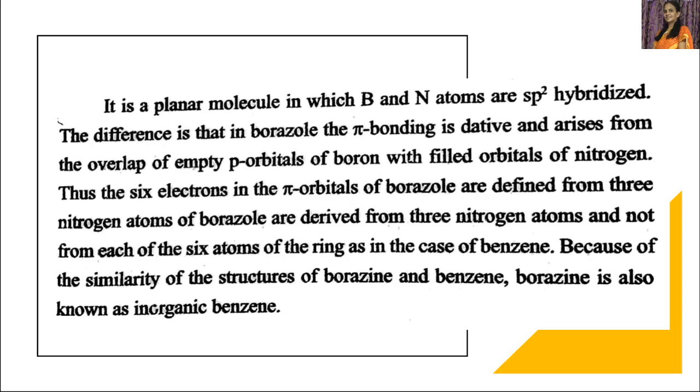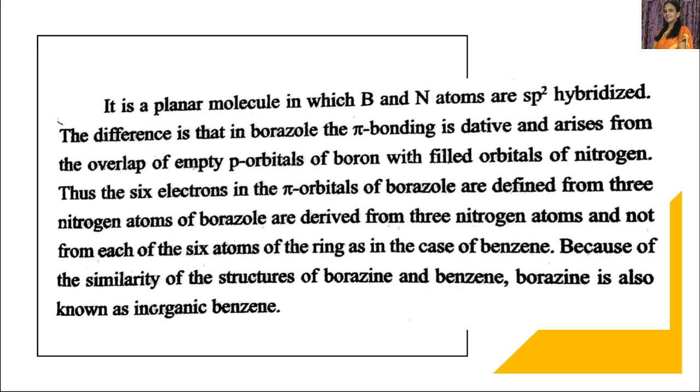This boron atom has an empty p orbital and nitrogen has an extra electron pair. Thus, the 6 electrons in the pi orbitals of borazole are derived from the 3 nitrogen atoms only, and not from each of the 6 atoms of the ring, as in the case of benzene.